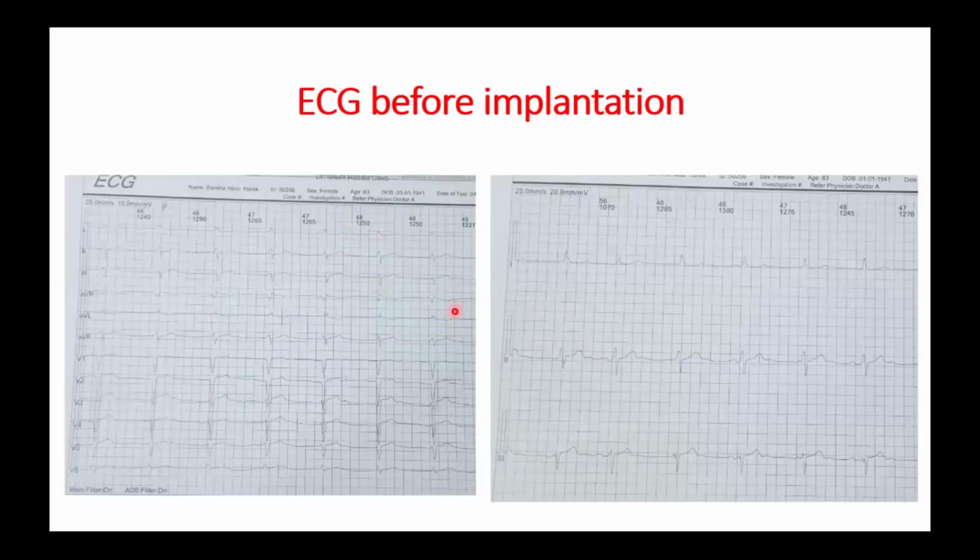This was a 55-year-old female patient who had recurrent dizziness with exertion. Two ECGs from before implantation. Just examine the rhythm very closely.